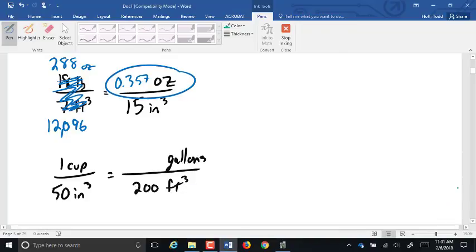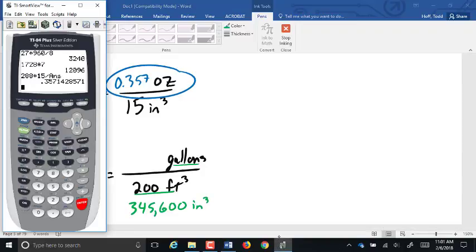See how you do. Now here, we're going to have to convert to gallons later, but for now, we'll leave it as 1 cup. I'm going to turn this 200 cubic feet into cubic inches. 200 cubic feet times 1,728 is 345,600 cubic inches.